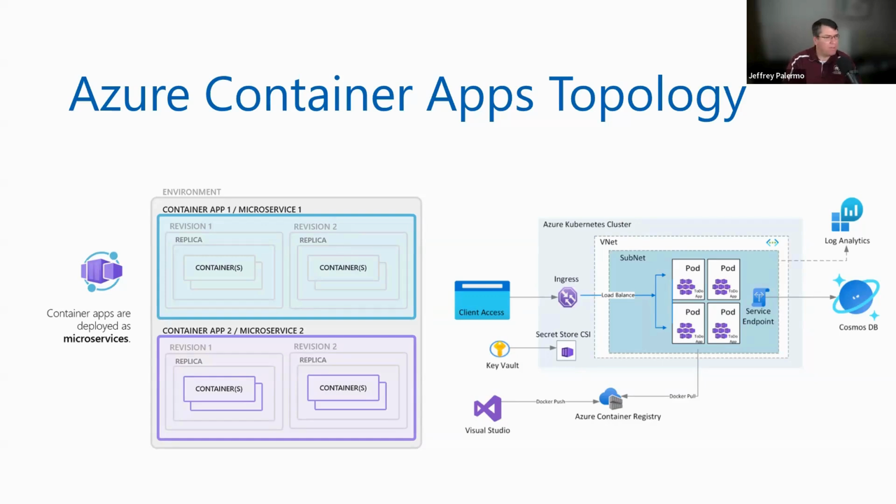Now, there's a few concepts I want to talk about, and that is the Azure Kubernetes cluster. So you're going to see two services in Azure. One is called the Azure Container Environment, and one is called the Azure Container App. You can't just go in and create an Azure Container App first by itself. You have to create the Azure Container Environment as well.